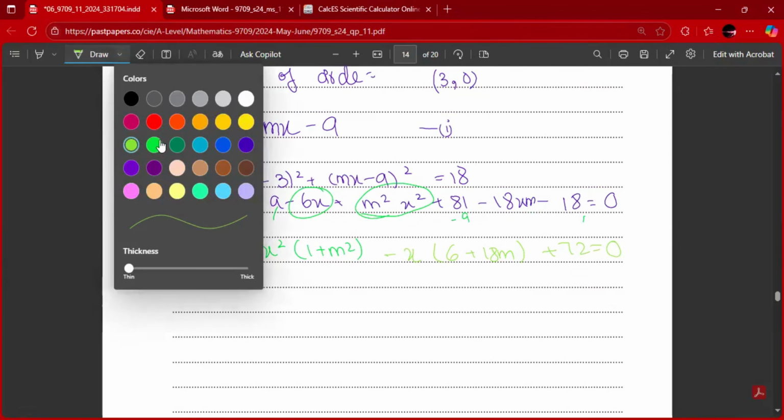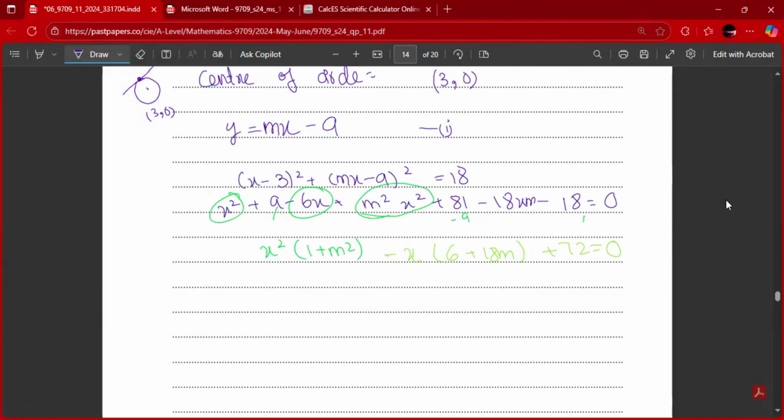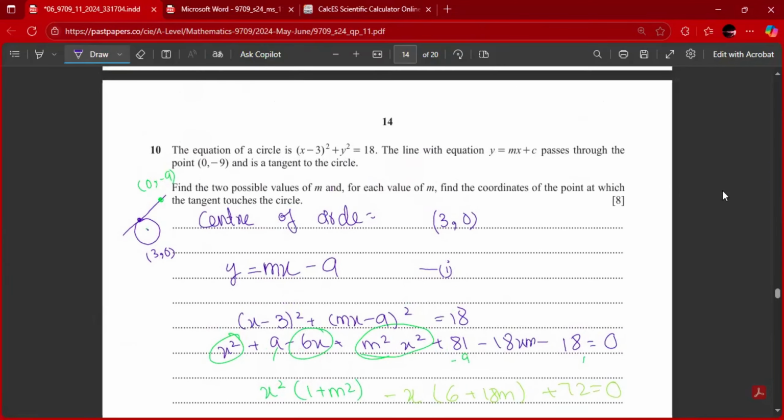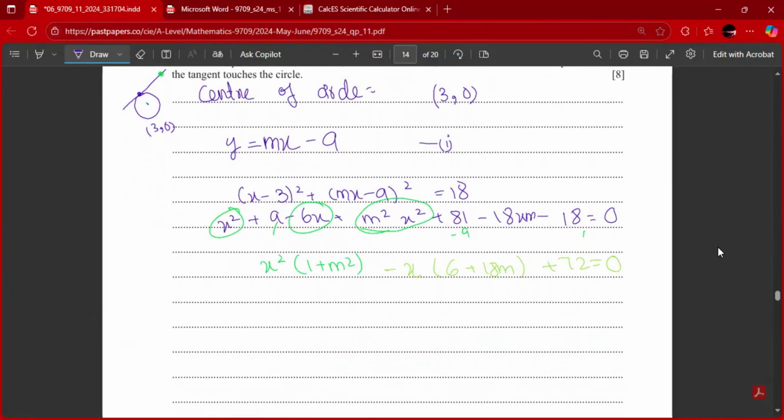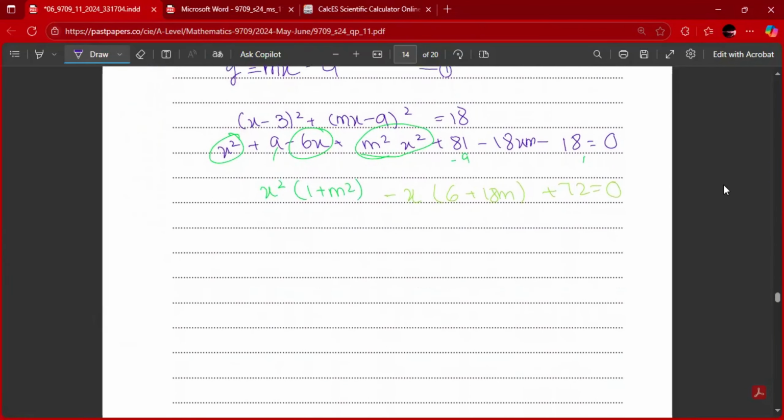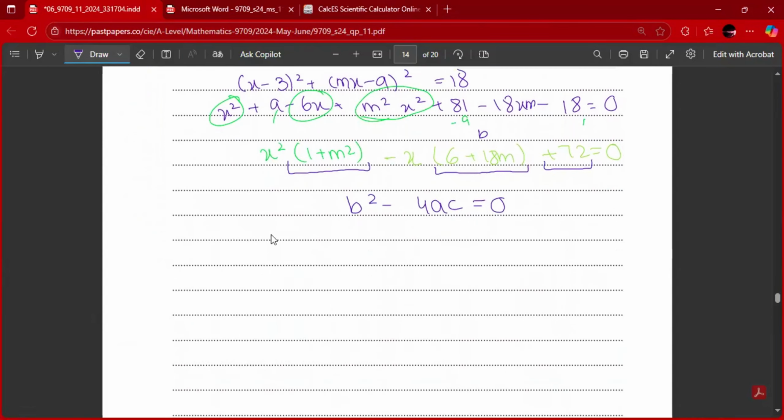Now we are going to use something called brain. We know that it is tangent, meaning that this quadratic equation should have only one solution, meaning that b squared minus 4ac should be equal to 0. This is my b, this is my a, and this is my c. Let's solve it. 6 plus 18m, squared.